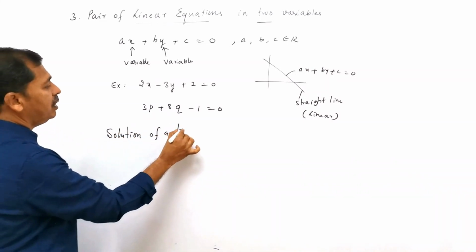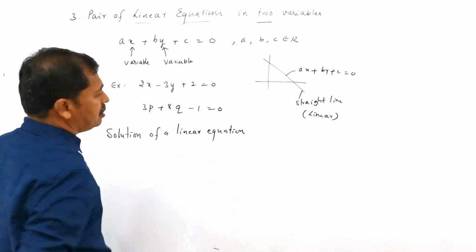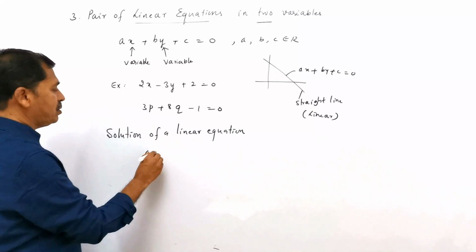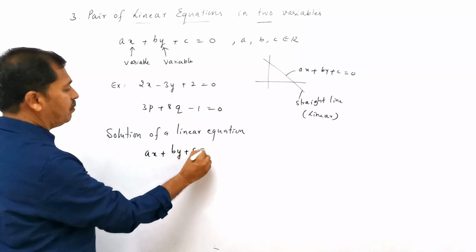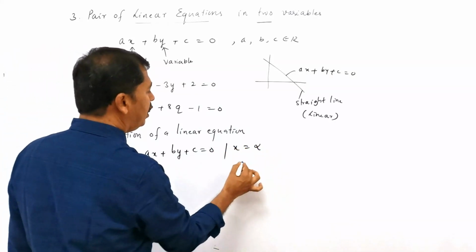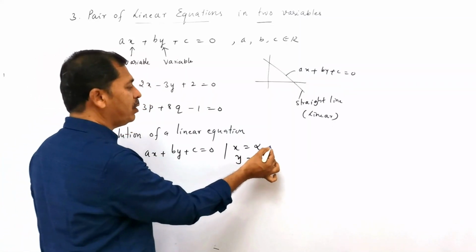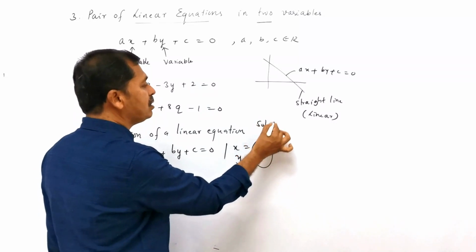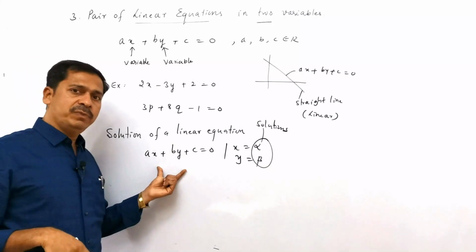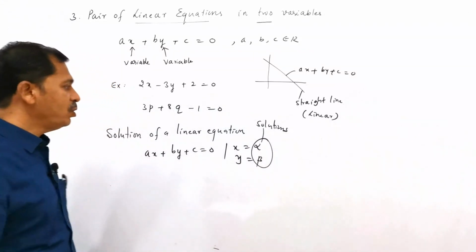If you take into consideration a linear equation, ax plus by plus c is equal to 0, and you want to say x is equal to alpha and y is equal to beta are the solutions, these are the solutions of the equation ax plus by plus c is equal to 0.